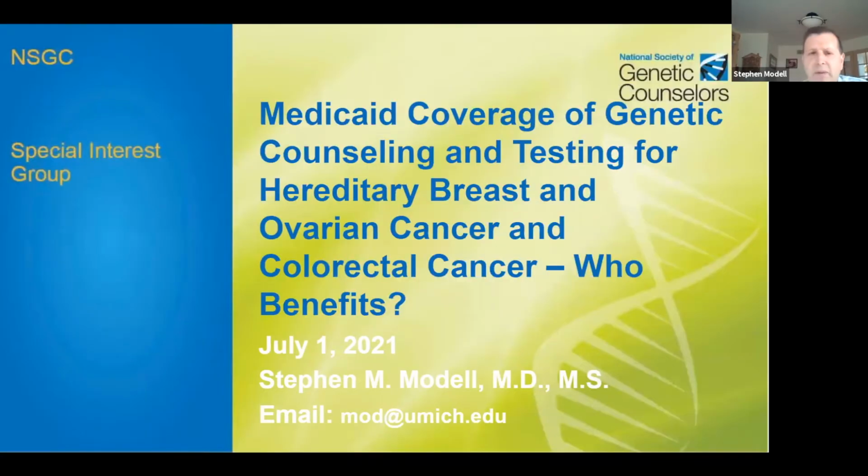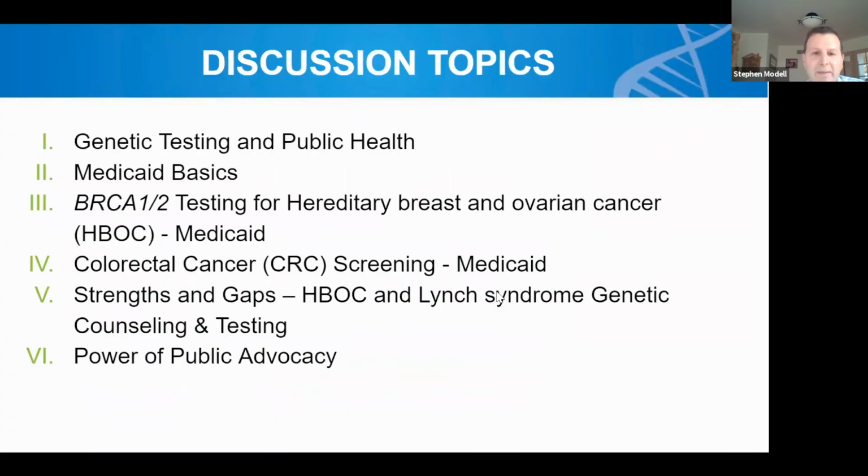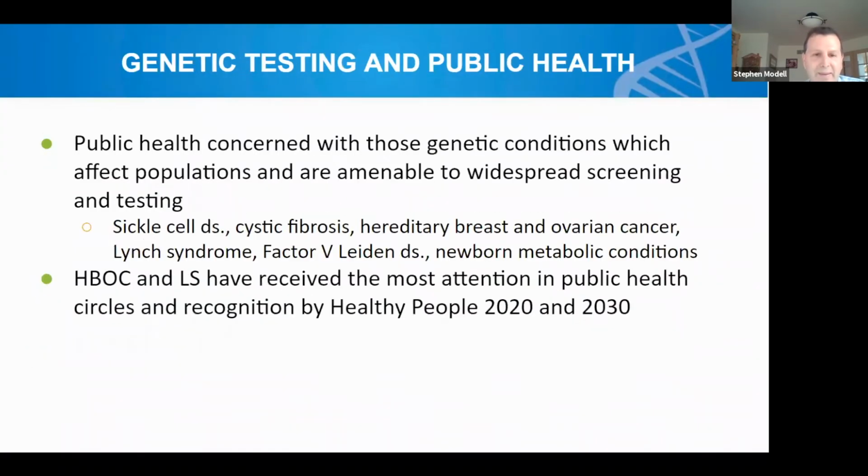Public health is concerned with those genetic conditions which affect populations and which are amenable to widespread screening and testing. Next slide. And next slide beyond. You see a couple of those examples here.